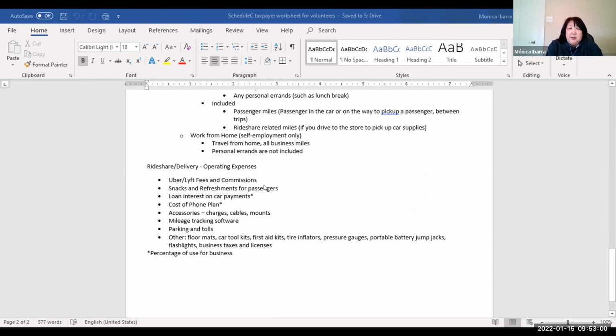And then this bottom part is just information to help you get from the taxpayer things that they might not have thought about that are operating expenses. Because just to be straightforward, a lot of times people are very overwhelmed when they are coming to you to have their taxes done.